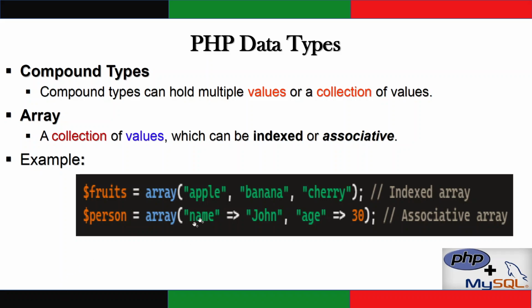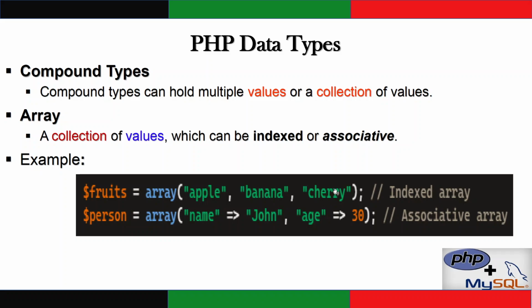So in this case, if we want to access apple, we're going to call fruits. Then we put the open square bracket, we put the position of that particular fruit. Now apple is at position 0. We put 0 in that square bracket, then we close it, and it's going to extract for us or return for us apple.